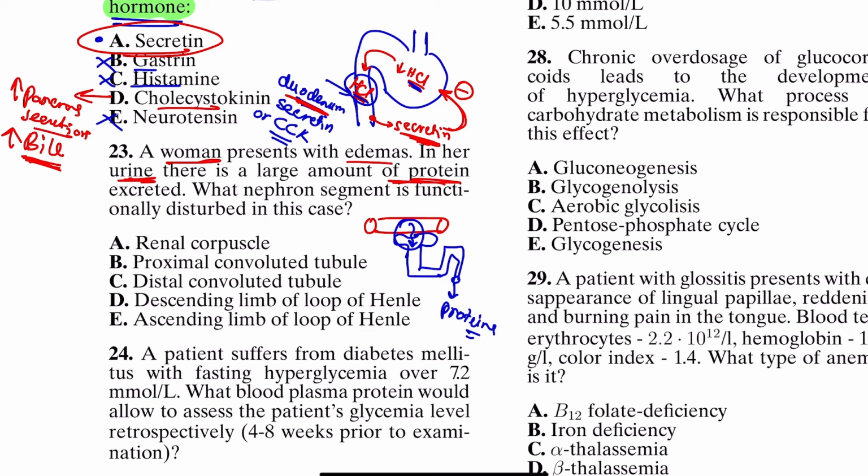But in case they increase by a large amount, it means there is something wrong with the filter. What is this structure here with the blood vessel, with the filter? We call it the renal corpuscle. All of it, with the glomerular filtration barrier plus the blood vessel.